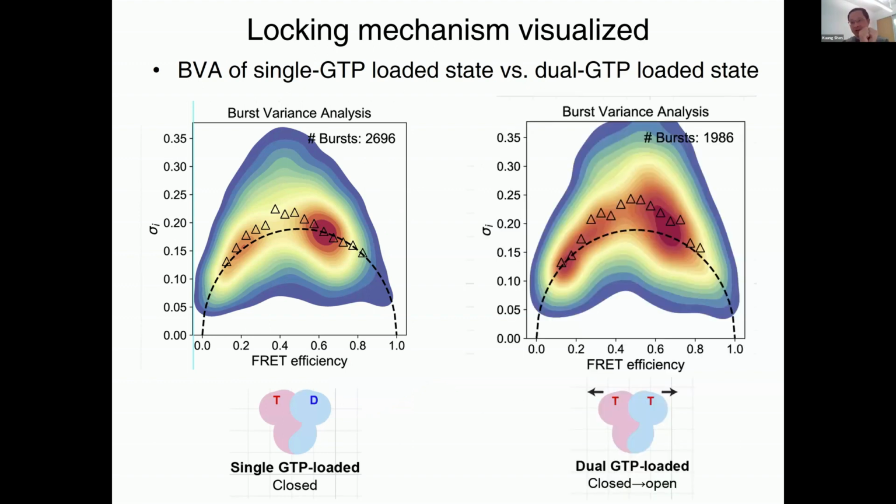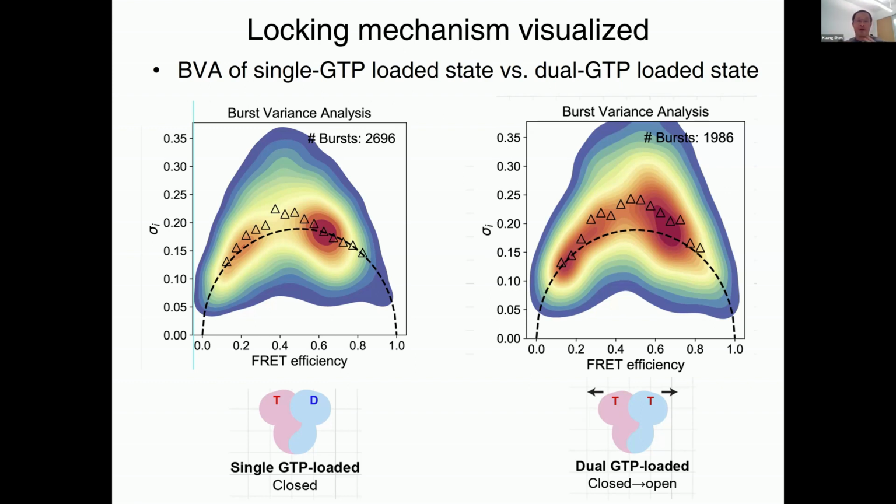However, if we flood the Rag GTPase with an excess concentration of GTP, you can see that although it can still reach the high FRET state, the high FRET state is much more dynamic than in the single GTP loaded configuration. So this is the locking mechanism that we observed in the biochemical study. When the Rags are loaded with two GTP molecules, one of them has to be hydrolyzed, and this dynamics is what we have seen: the Rag GTPase is trying to hydrolyze one of the bound GTP molecules here.